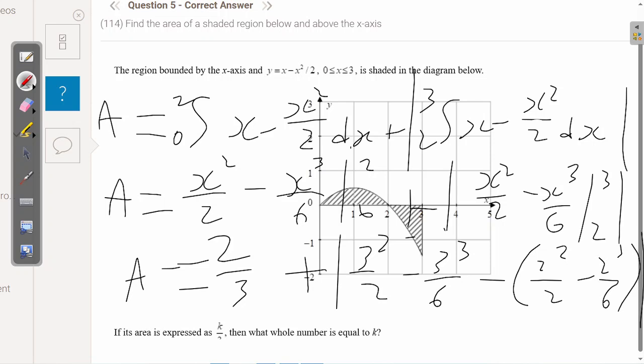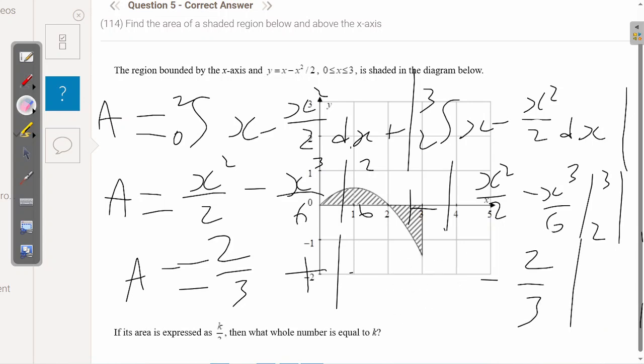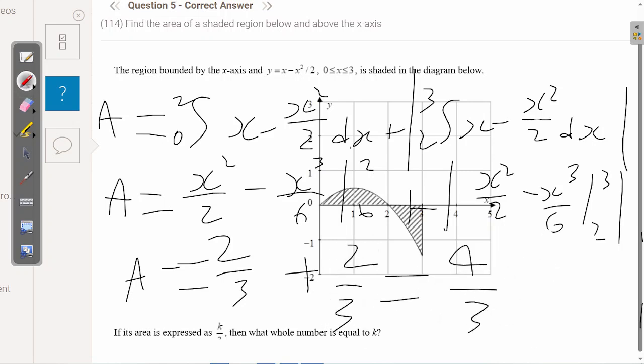And 3 squared over 2 minus 3 cubed over 6 is equal to 0, so 0 minus 2 over 3. So the whole thing is negative 2 over 3, absolute value positive 2 over 3. So 2 over 3 plus 2 over 3 equals 4 over 3.